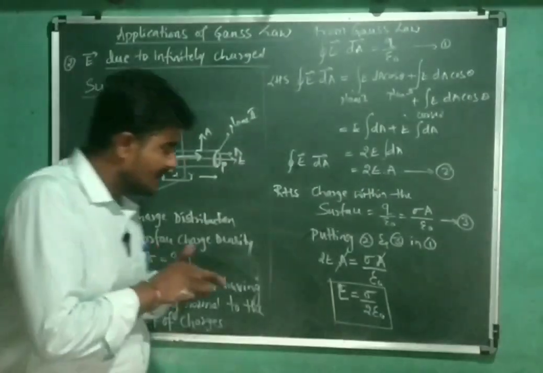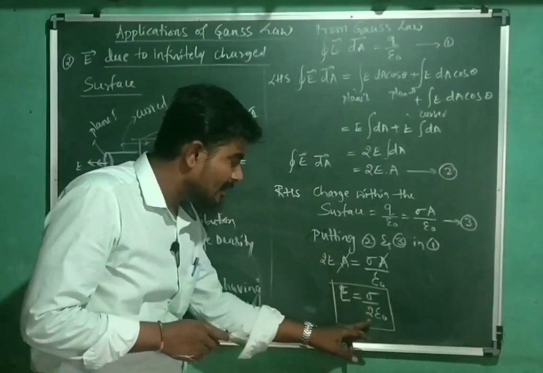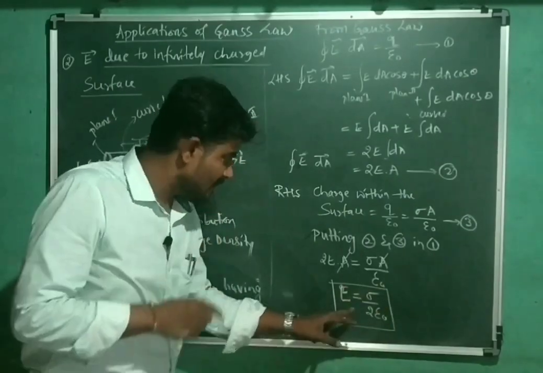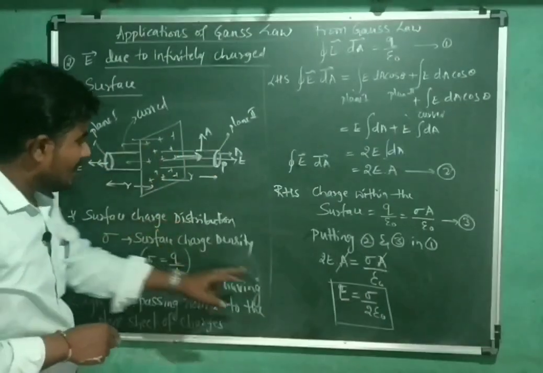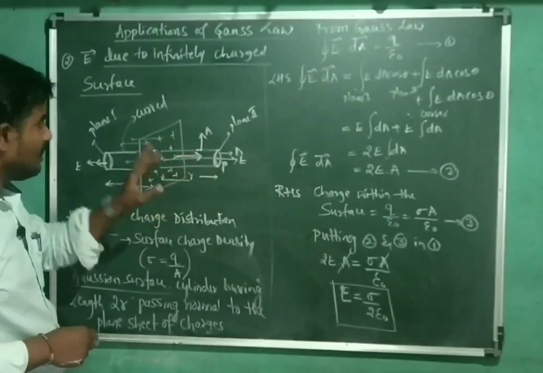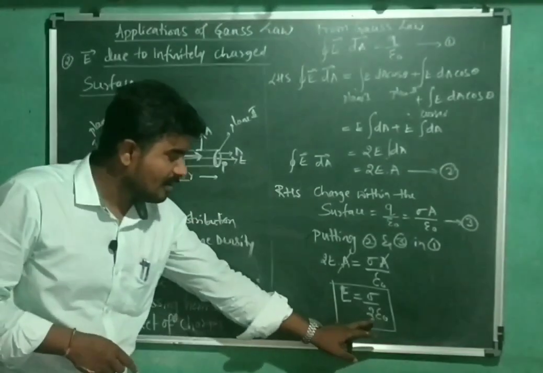As you can observe here, this electric field intensity is not including any R value. Okay, here no R is there. It means the electric field due to an infinitely charged sheet, infinitely a plane sheet containing n number of charges, it is independent of distance.